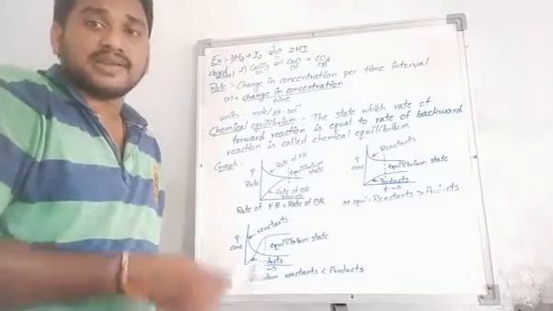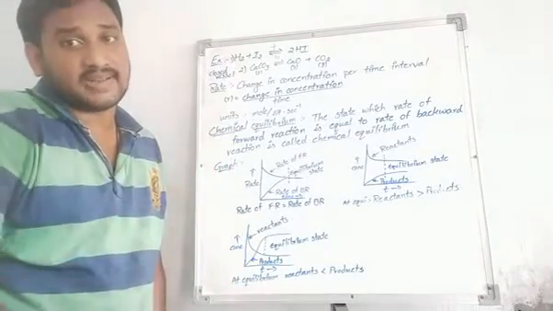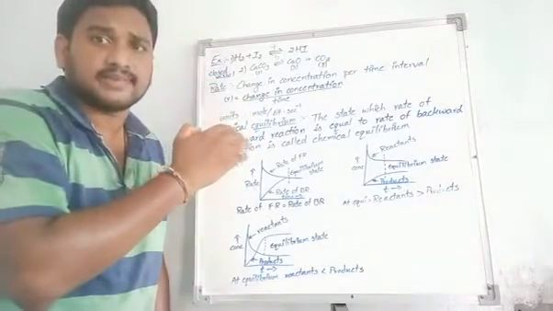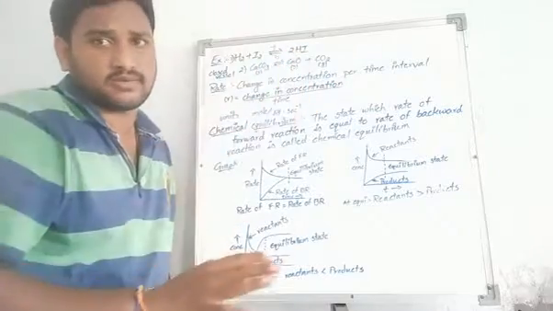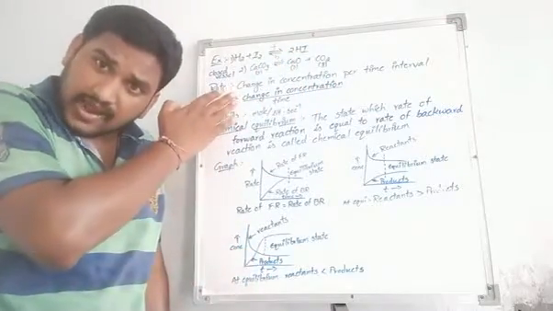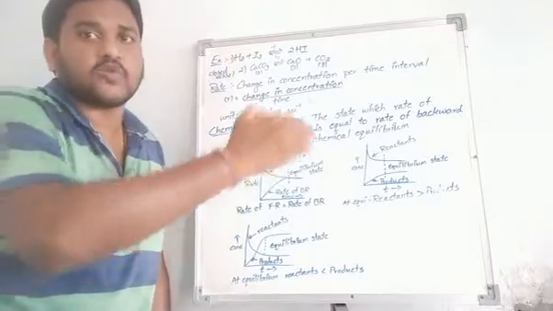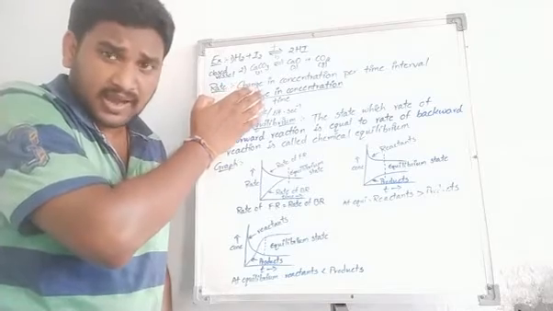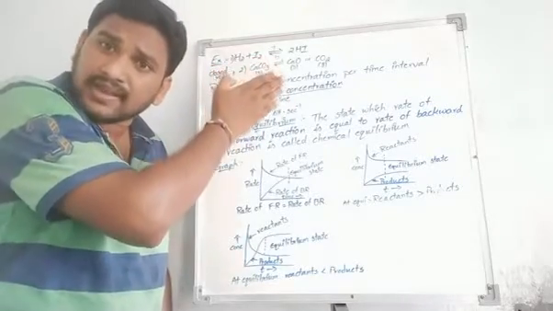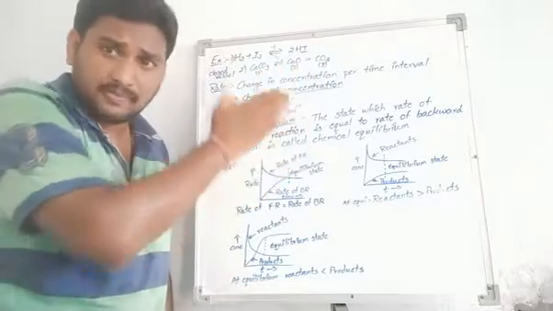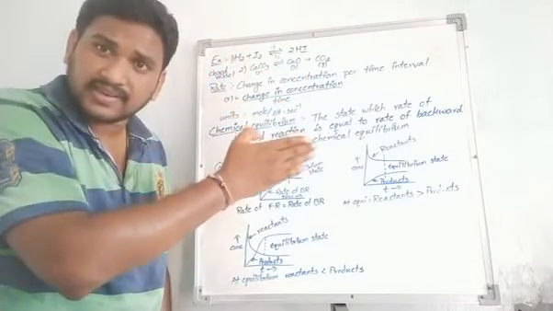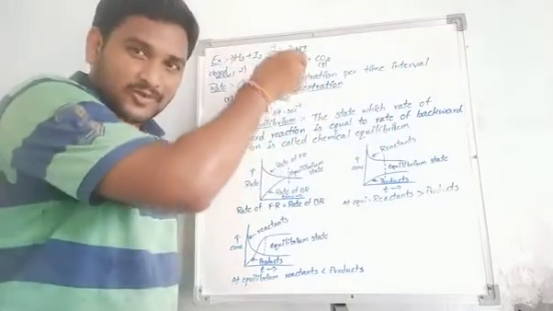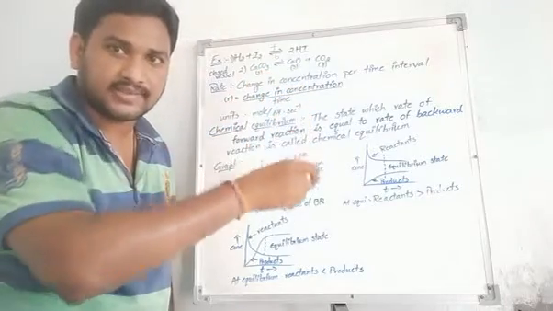Okay, students, in the definition of rate based on the reactants. One more point: in any chemical reaction, reactant is converted to product. Already you know that reactants always decrease to form product, and product always increases. Only the concentration of the reactant decreases.